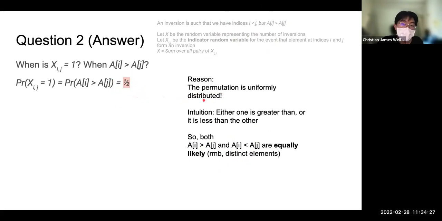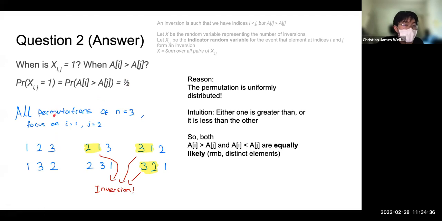You can argue it by saying that the permutation is uniformly distributed, so equal chance must be given. If you just want to convince yourself that's really the case, this is the permutations of n equals 3, all the possible permutations.